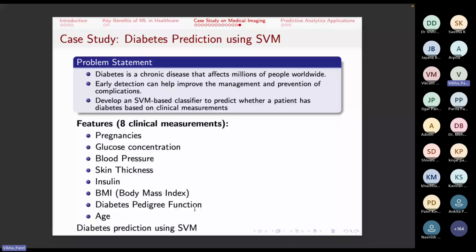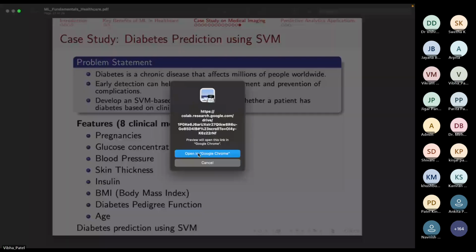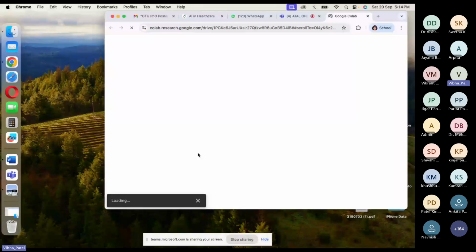And I have a live example of running this code on my machine. I can just demonstrate and execute this code, and then we'll conclude the session.